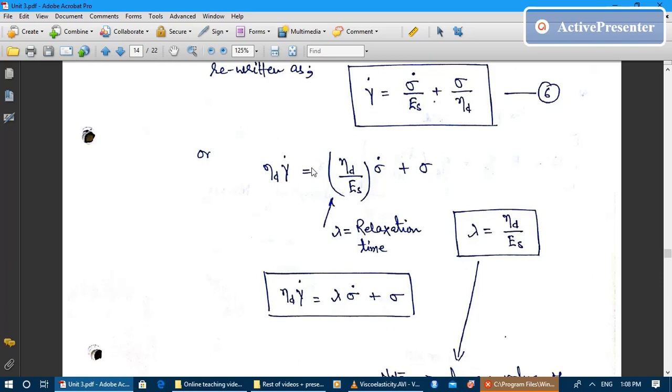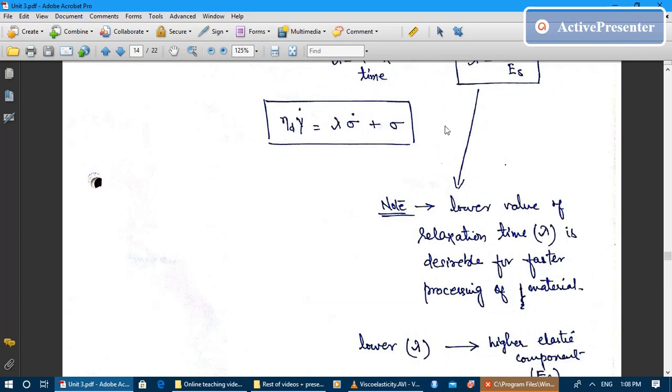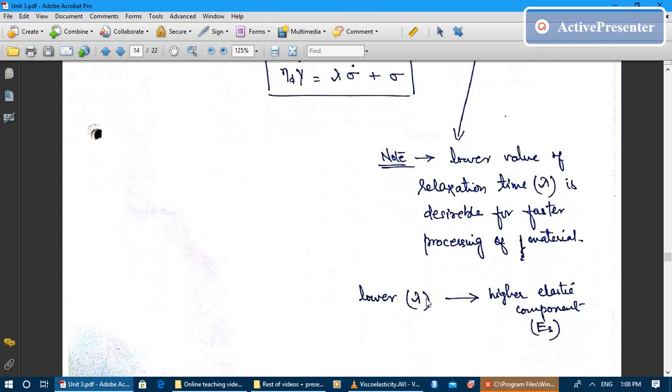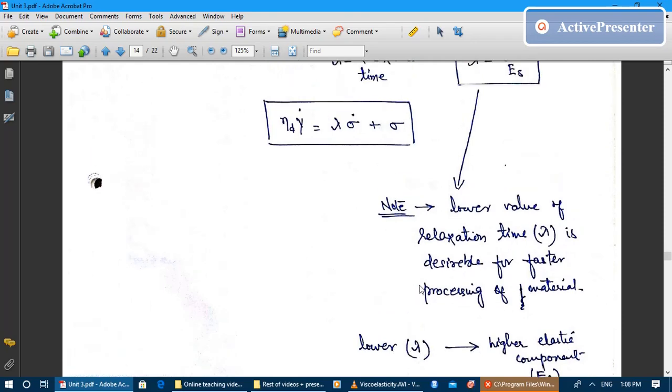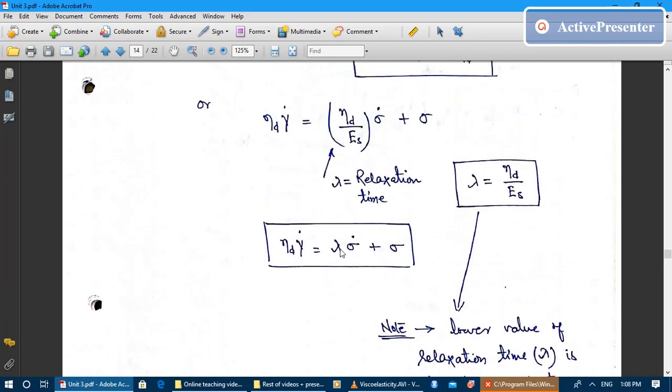And what is the importance of relaxation time? A lower value of the relaxation time lambda is desired for faster processing of material, and a lower value of lambda, or relaxation time, will lead to a higher elastic component ES. So why is a lower value of relaxation time required?